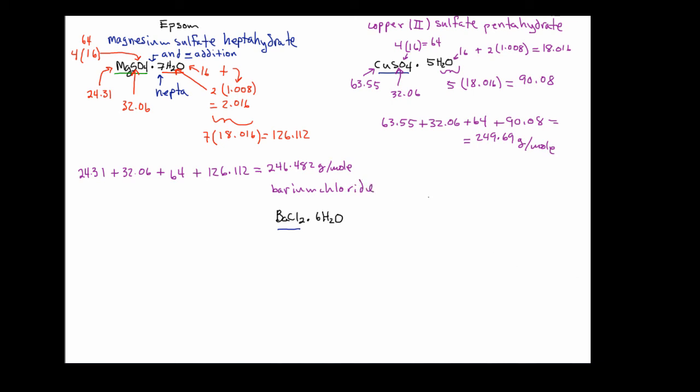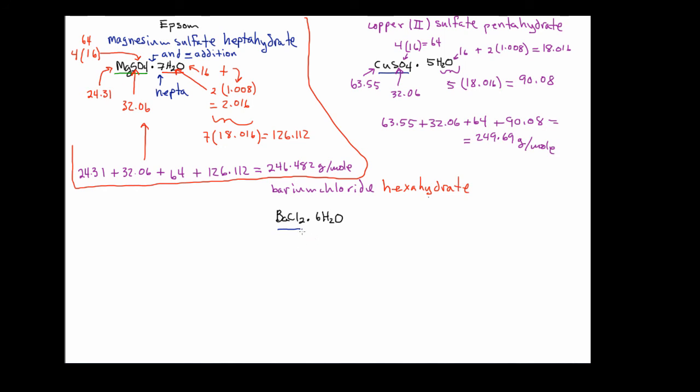And I think what I'm going to do is just put a line here like this to indicate that these calculations belong to this hydrate. So the name of this is going to be barium chloride, and then there are 6 waters, so this will be, excuse me, hexahydrate. Hexa for the 6.